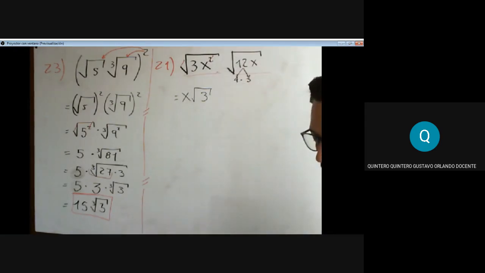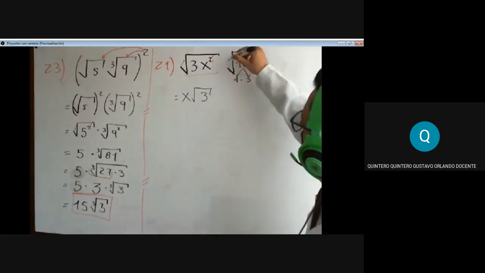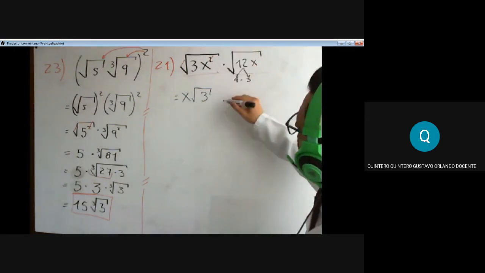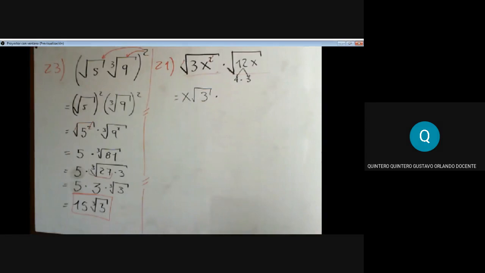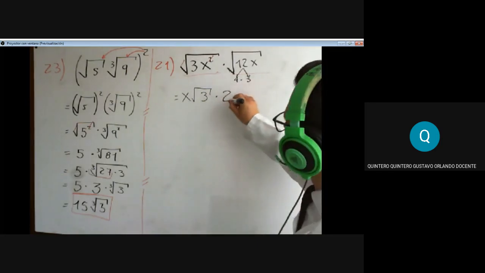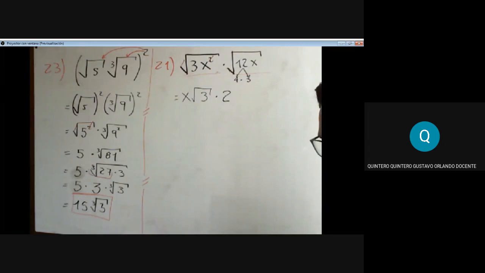So remember, since there is a multiplication, I'm going to leave the multiplication here as well. If we were to do the root of 12, we would have to do the root of 4 by the root of 3. And the root of 4, we know it. The root of 4 is 2, right?